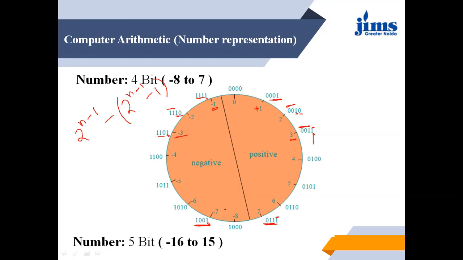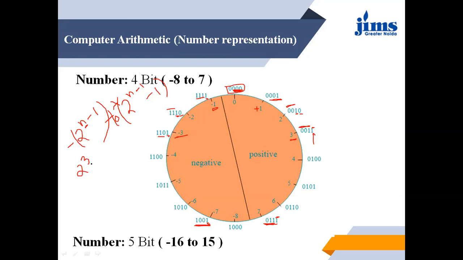So when we have to find the range where the bits of a number are 3, okay, total digits are 4, so 2 raised to the power 4-1, that is 2 raised to the power 3. And 2 raised to the power 3 means this is -2, this is plus, this is 2 and this is plus.